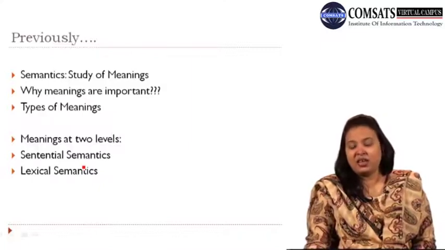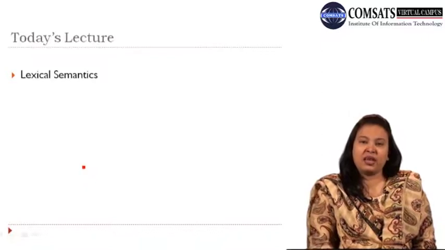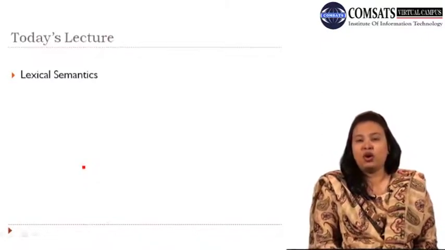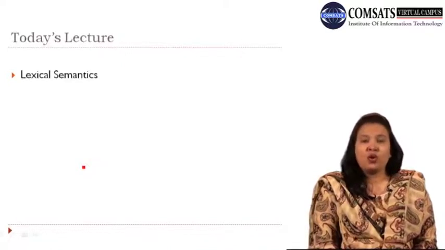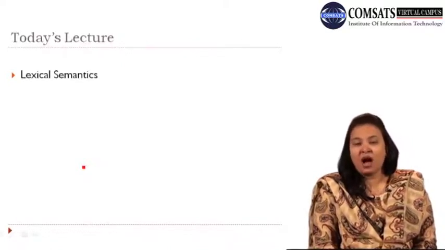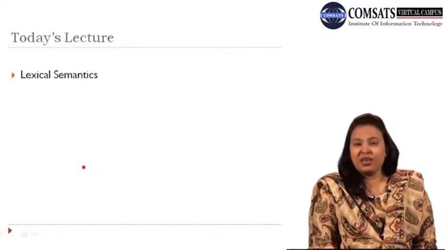But our today's lecture is based primarily on lexical semantics. Today we are going to talk about what lexical semantics is, how we calculate the meanings of words, and how we know that the words have these meanings.